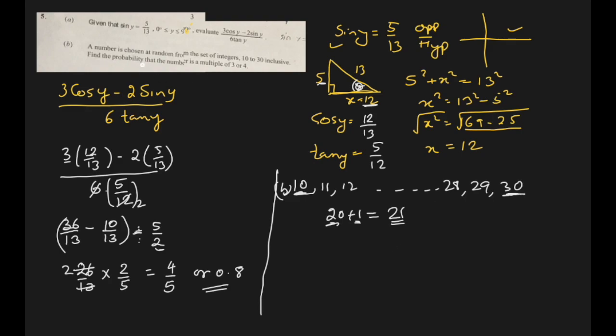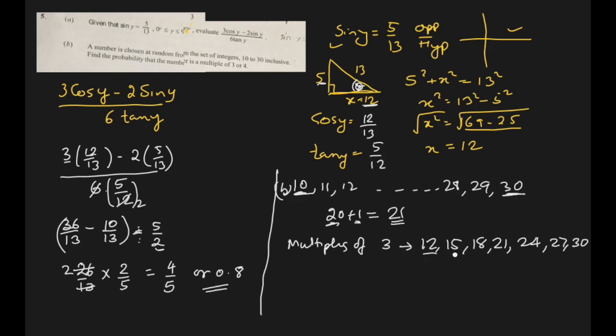Find the probability that the number is a multiple of 3 or 4. So multiples of 3 from 10 to 30 will be: 10 is not, 11 is not, so 12, 15, 18, 21, 24, 27 and 30.